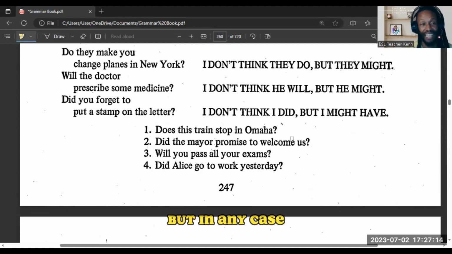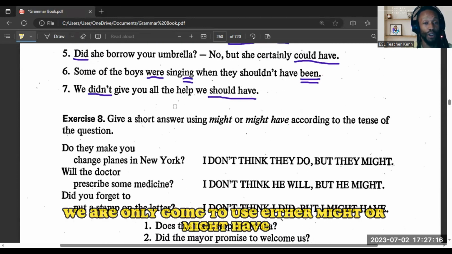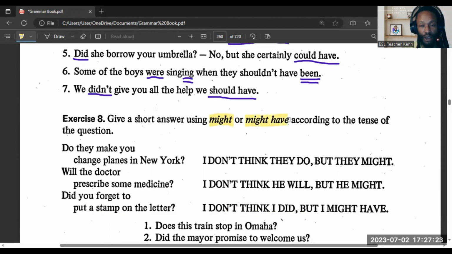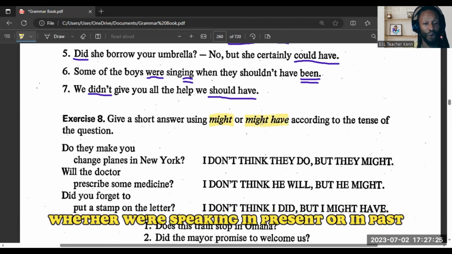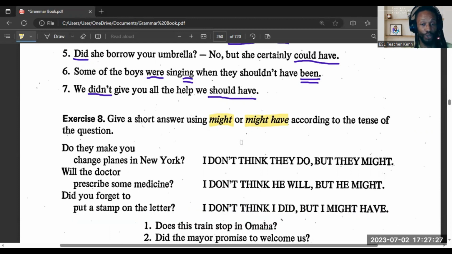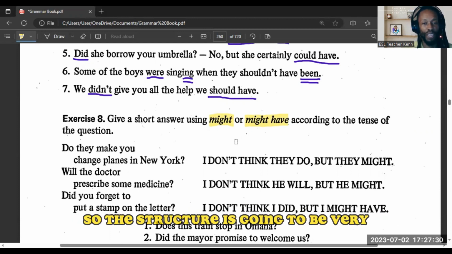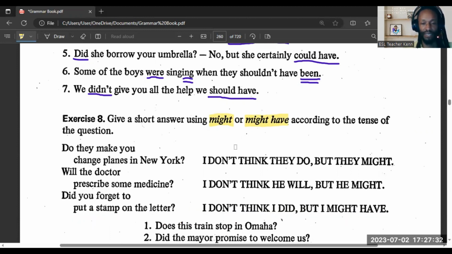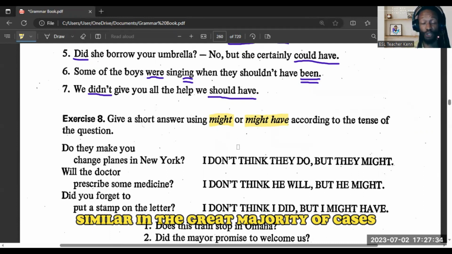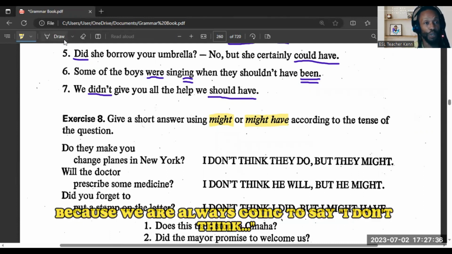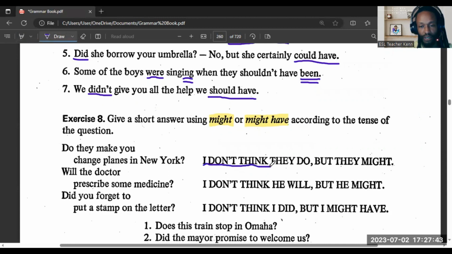But in any case, in exercise 8, we are only going to use either might or might have, whether we're speaking in present or in past. So the structure is going to be very similar in the great majority of cases, because we are always going to say, I don't think, and then we will use but.